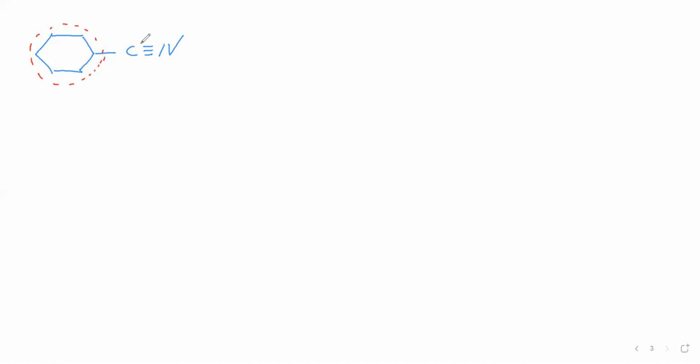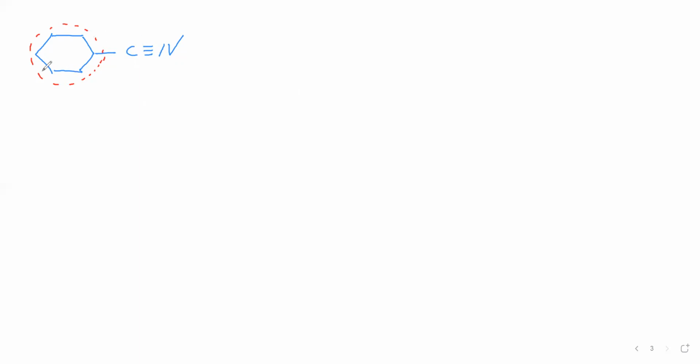Generally in open chain compounds, the parent chain contains the cyanide carbon if cyanide is the main functional group. Here cyanide is the main functional group, even then its carbon is not included in the parent.